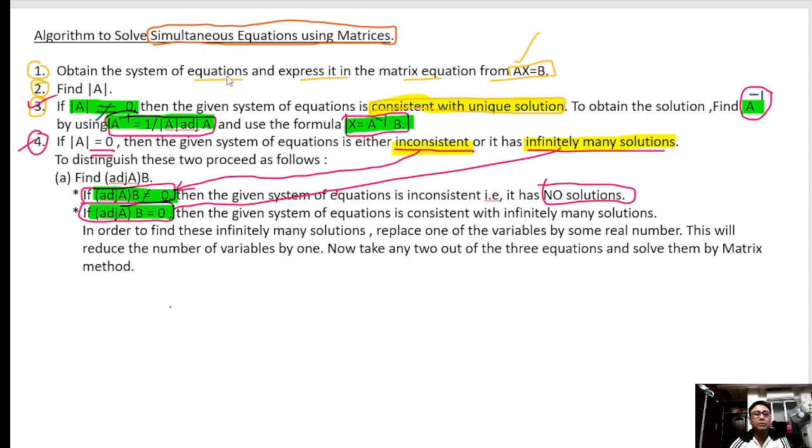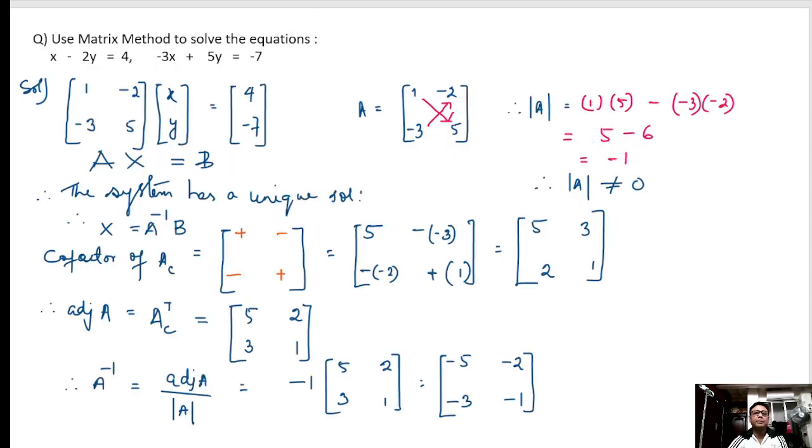Now when we will be solving it, you will be able to understand it in a better way. So let's get started with the chapter. Using matrix method, solve the equation. So this is the equation. So from this equation, first find your matrix A. So A will be 1, minus 2, and from here you will take minus 3 and plus 5.